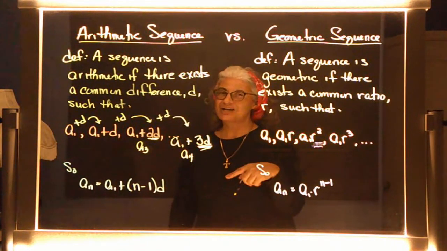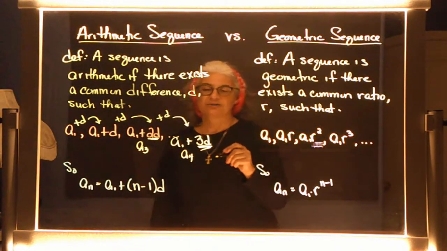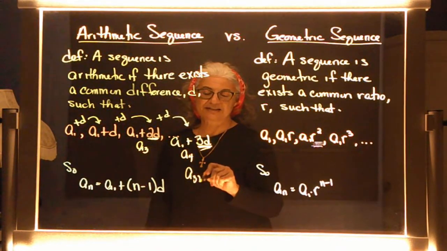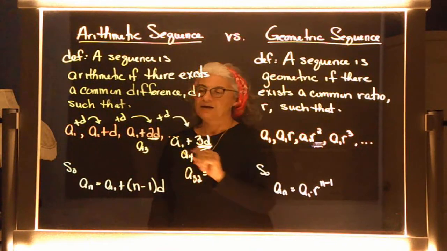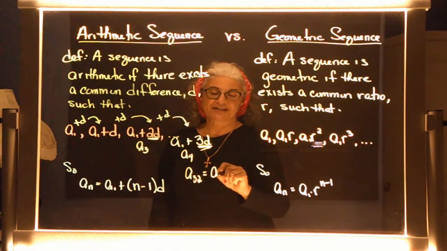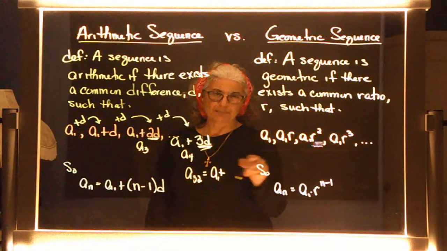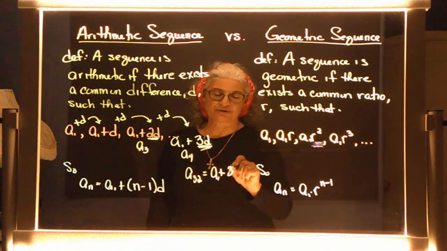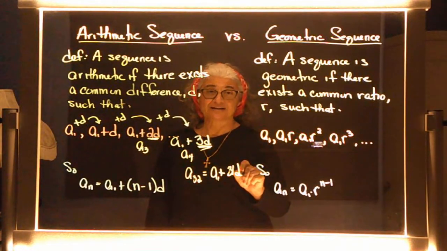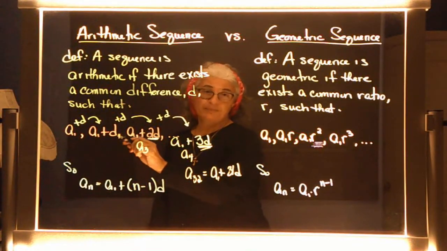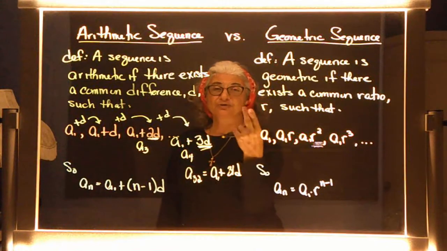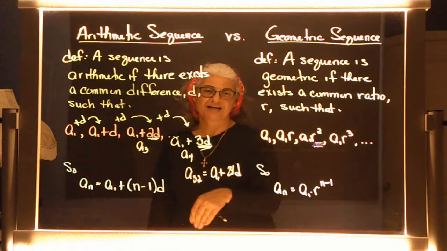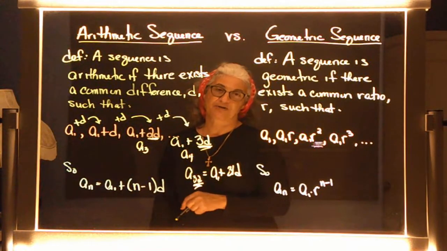So if I want the, I don't know, if I want the 32nd term by this pattern, you know you're going to take a sub 1, and by that point, how many d's would you have added? Hopefully you said 31d, because d did not pop up until term number 2. So the number of d's is always 1 behind the term I'm talking about.